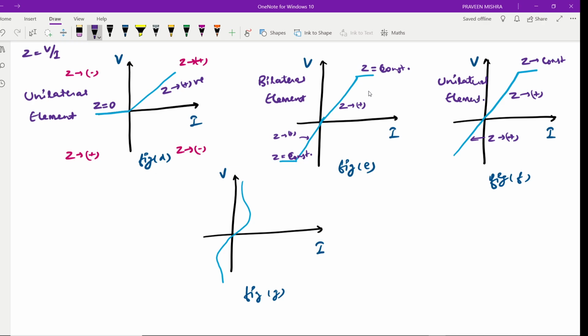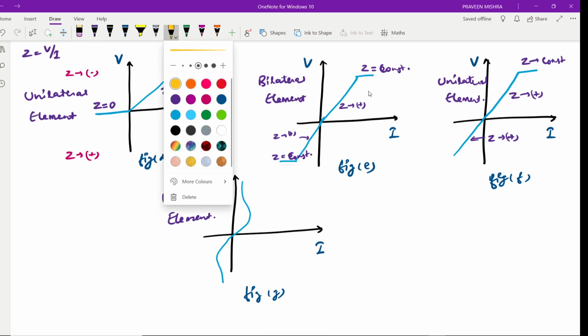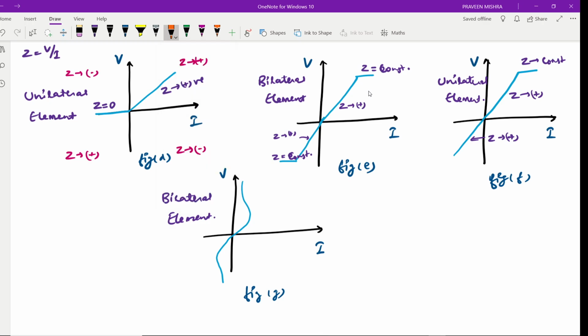And here the same characteristic is there, that's why this will be a characteristic of a bilateral element. We can classify according to this. I think it is clear.